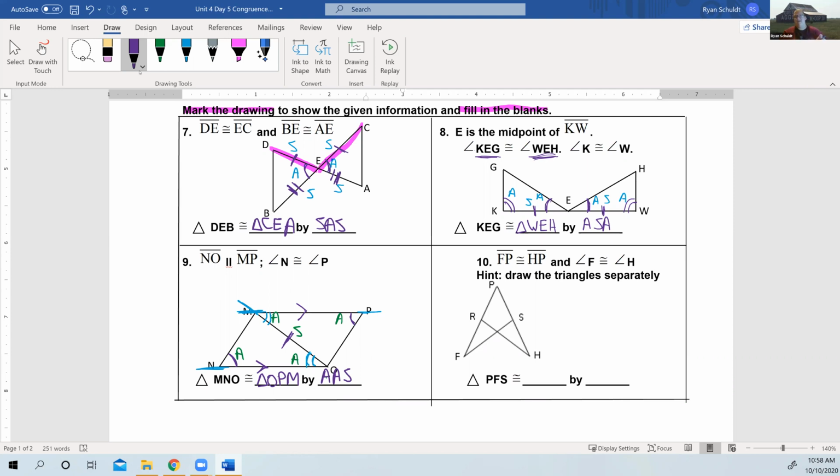So for number 10, they give us a bunch of information, but then look at our picture. Our picture looks horrendous. So they tell us, hint, draw them separately. So let's try our best to sketch these separately, so we can try to at least see what's going on here.